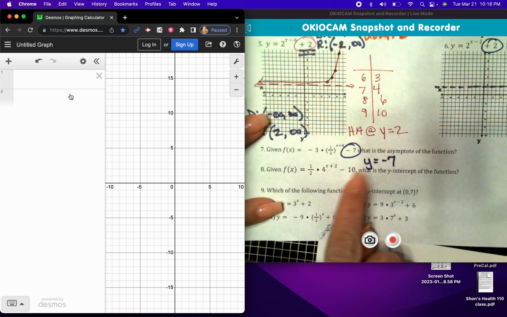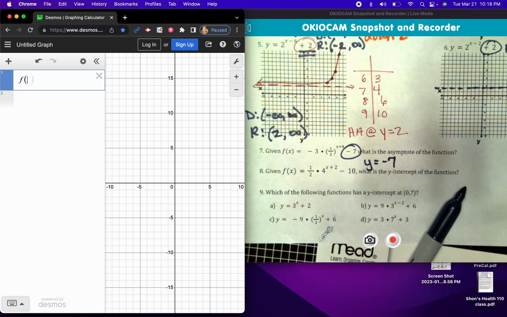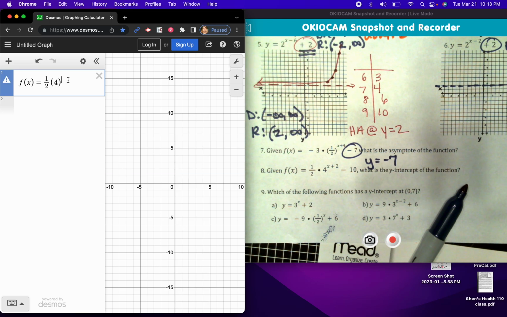Now this one here says what is the y-intercept? So I'm going to go ahead and type that in. So f of x equals 1 over 2 times 4 to the, so shift 6 to hit that caret top, and then parentheses x plus 2, close parentheses, minus 10.